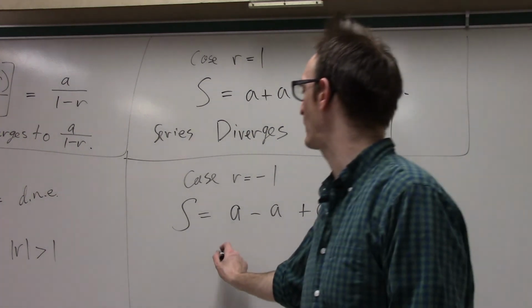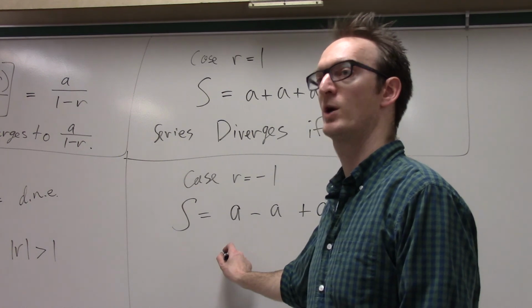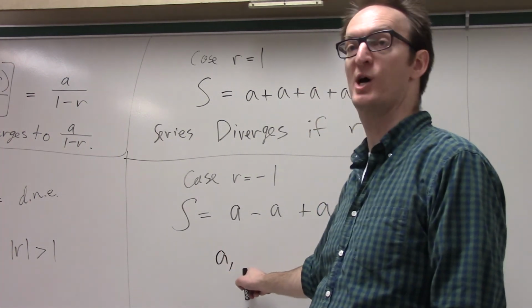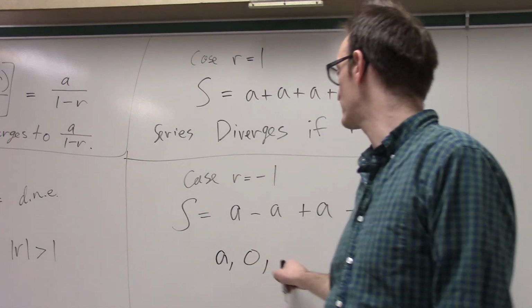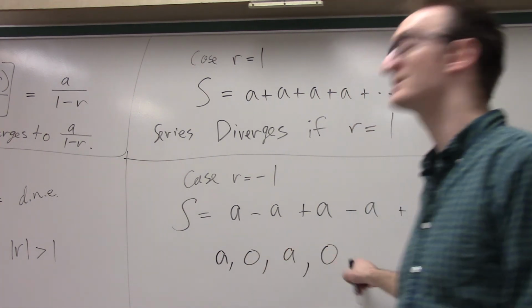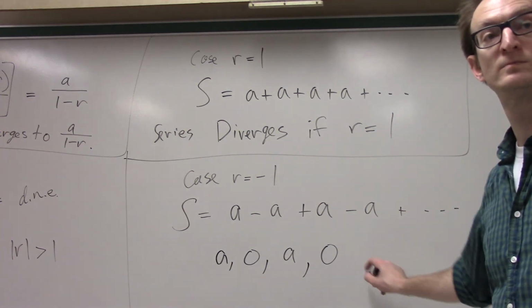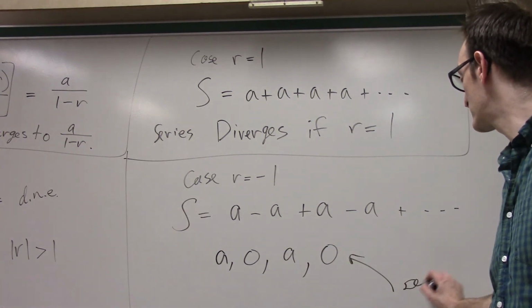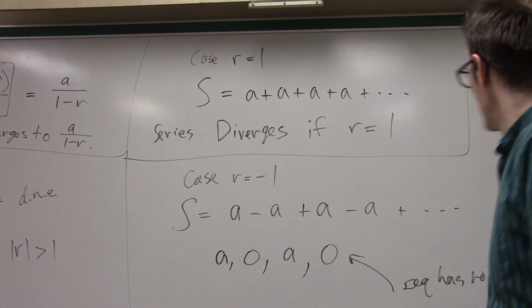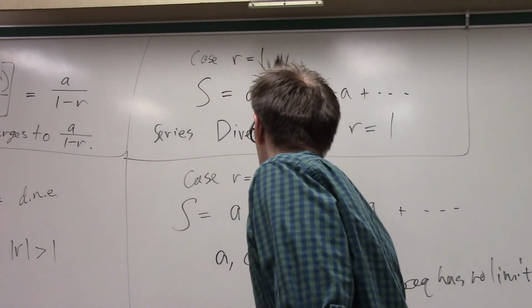What's the sum of the first term? A. The first 2 terms? 0. The first 3 terms? A. The first 4 terms? 0. Does this sequence have a limit? No. This sequence has no limit, so the series diverges.